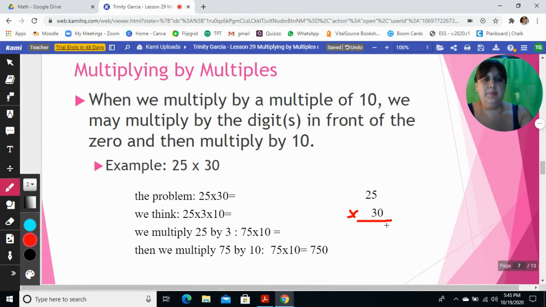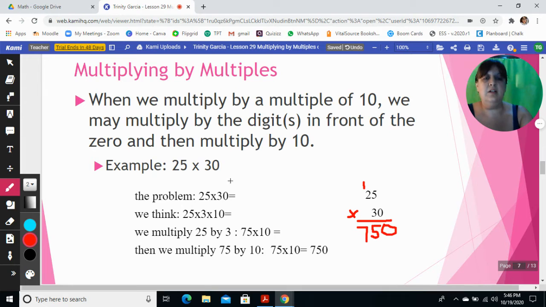So the first step we would do after we write the problem the correct way would be to drop that 0 down because we're not multiplying it by anything. And then we do 3 times 5 and we get 15. So the 5 goes down here and the 1 goes up above the 2. And then 3 times 2 is 6 plus 1 is 7, and we get 750.